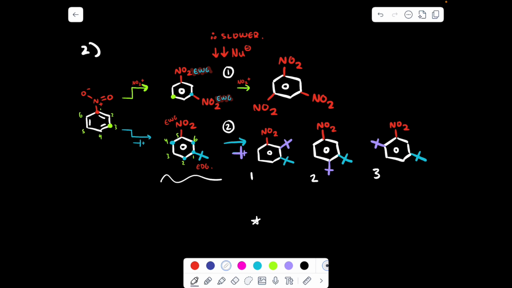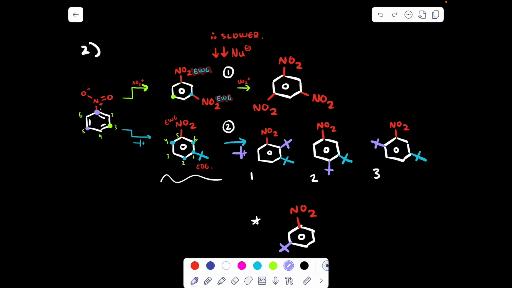So that means you might get a product, and it's most likely the most minor product, where the incoming E+ would have listened to the electron-withdrawing group. So you might have a very minor product where the tert-butyl group would have added to carbon number 3. So the meta position with respect to the original electron-withdrawing group.